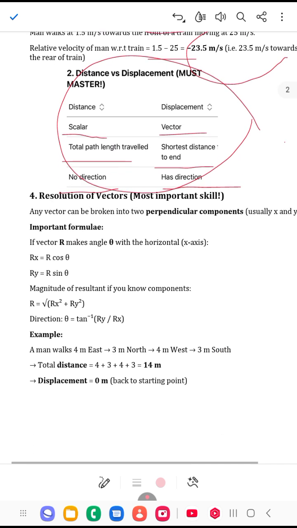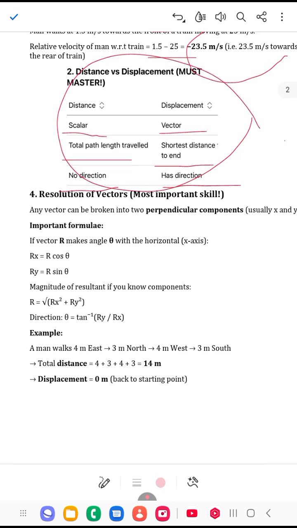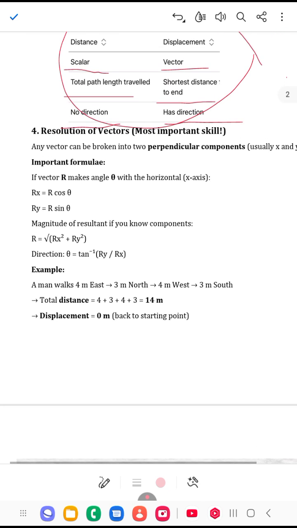Now, resolution of a vector. Any vector can be broken down into two perpendicular components. So we have the vertical component and the horizontal component. If you want to resolve a vector to the horizontal component, we use cos: r cos theta. While if you want to resolve it to the vertical component, we use sine.